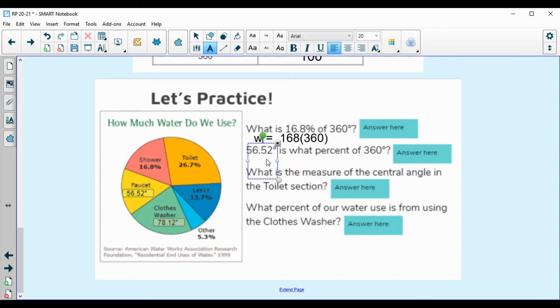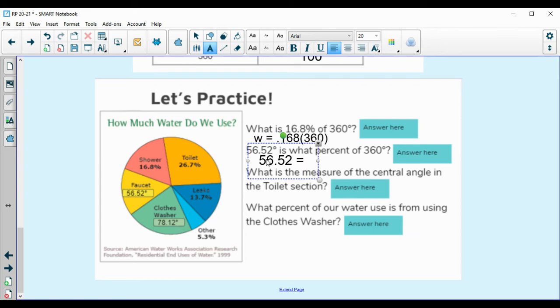So here, if I wanted to use a percent equation, I'm going to say the 56 and 52/100 degrees. That doesn't need to be changed into a different form because it's degrees, so I don't change it. I'm only changing the percent form into a decimal form.